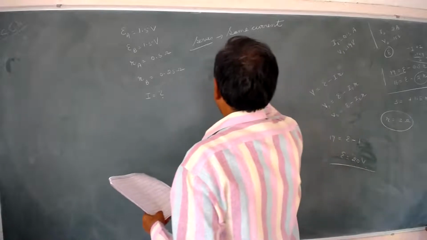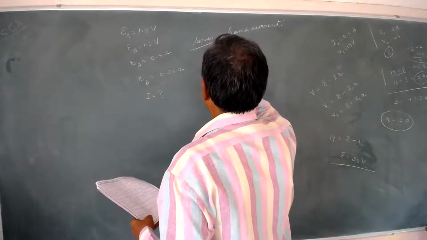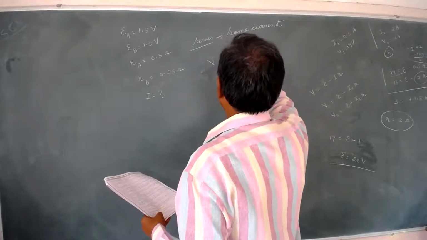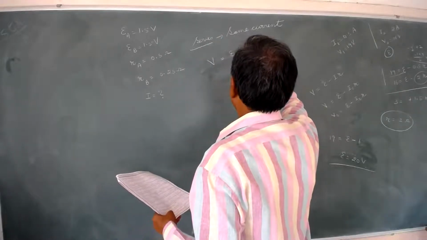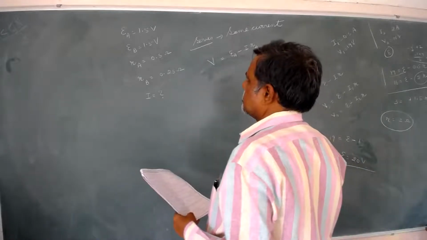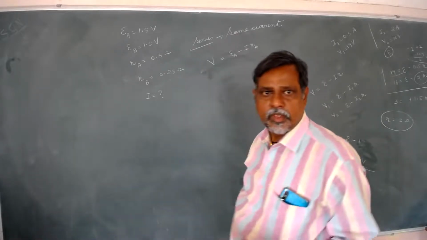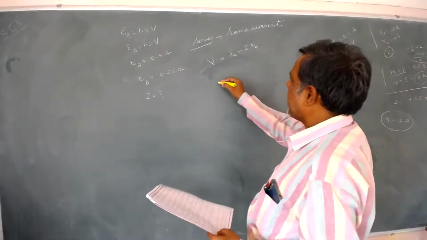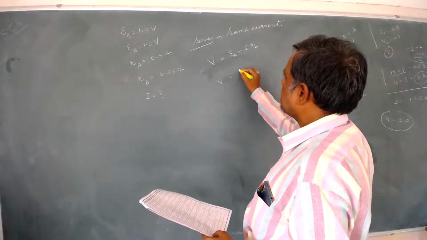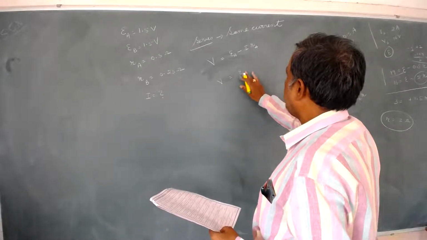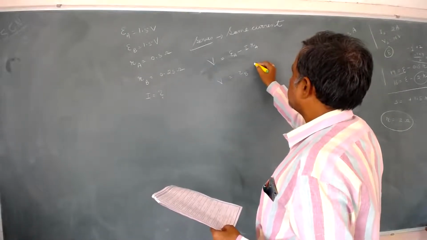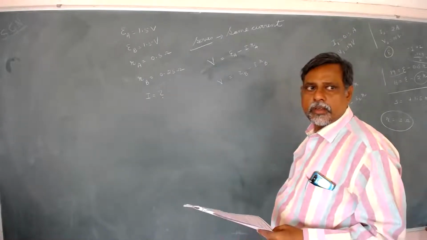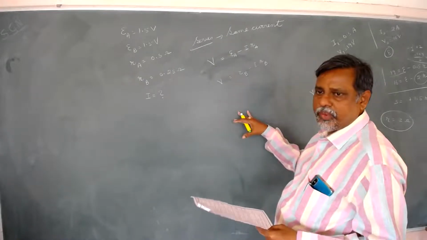Otherwise, the terminal voltage you take is epsilon A minus I into R. Understand? And in the second case, the terminal voltage is epsilon B minus I into R. Like this, we can take up.